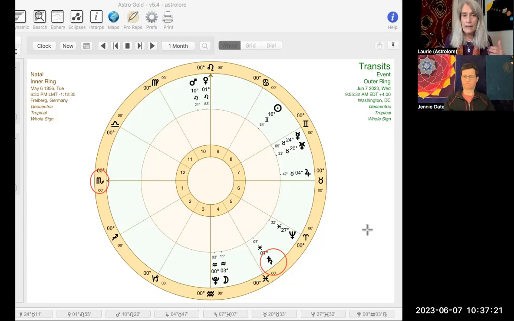That is the job of Saturn, to teach us responsibility, facing reality in a certain area of our life. So for this person with Scorpio rising, they really need to face reality and be responsible around how they are giving of themselves, how they are showing up with love and creativity in the world.